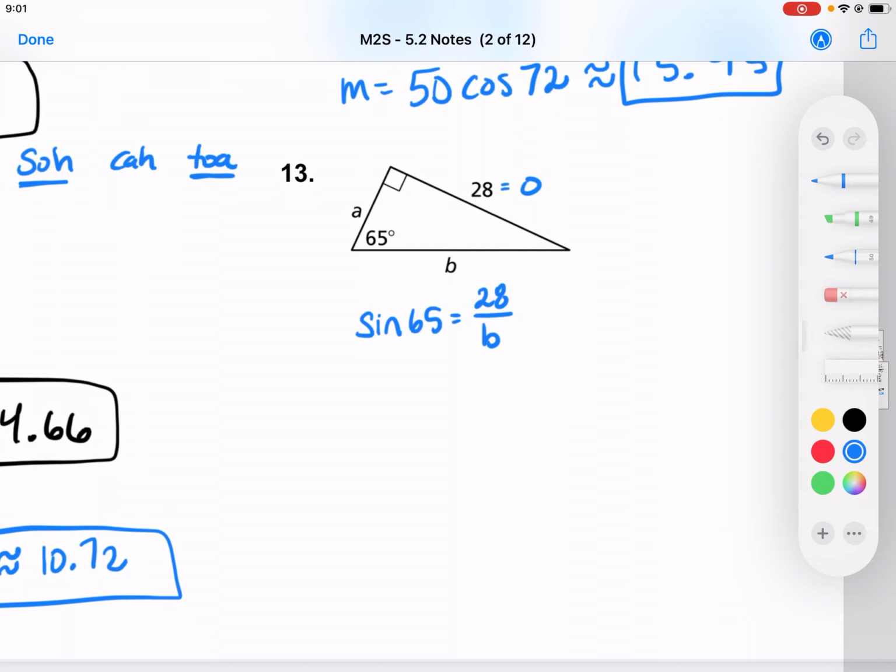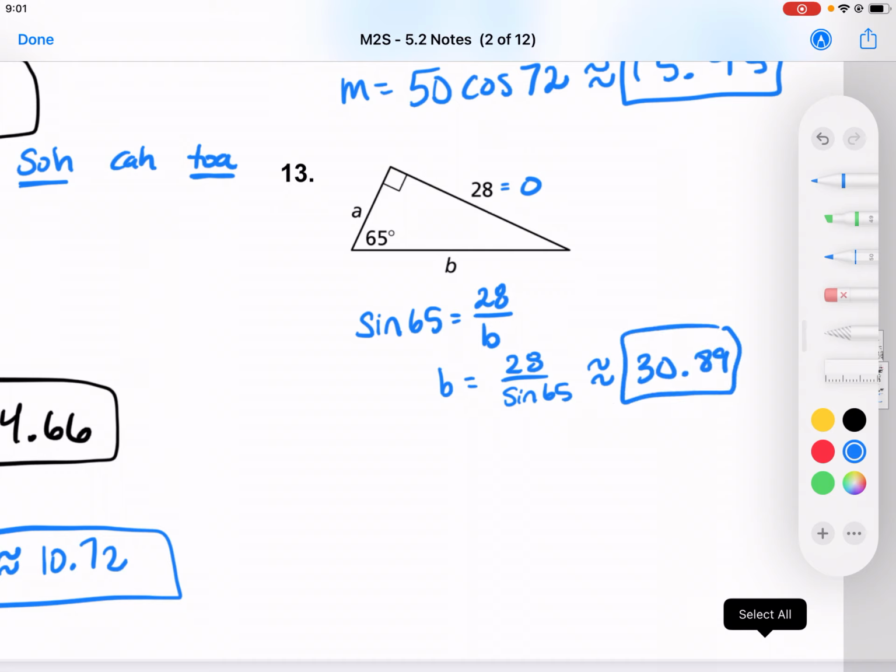The variable's in the bottom, so when the variable's in the bottom, I just swap them out. So I switch the sine of 65 and that b, and then I just type that in. So we get approximately 30.89.